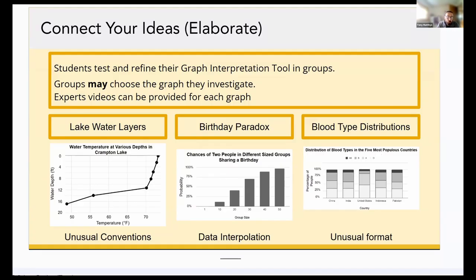And we provide 3 different graphs that are all unusual in their own ways, whether it's unusual conventions or asking students to interpolate between data points, or a format that's somewhat unusual in middle school. These are challenging graphs that students need to work with, and they can see how well their interpretation tools help them make sense of these graphs.